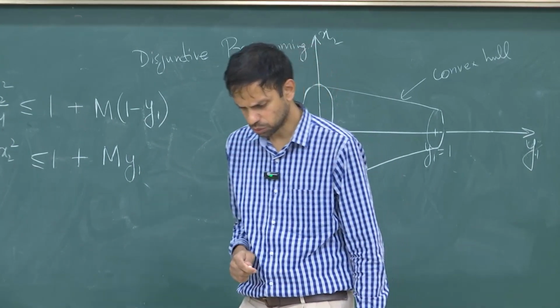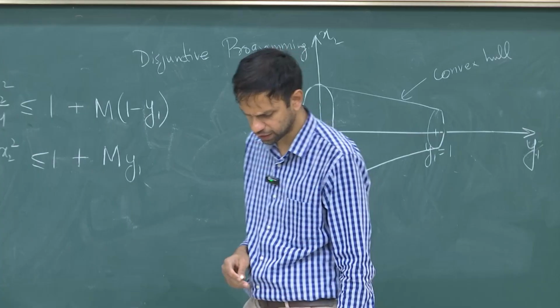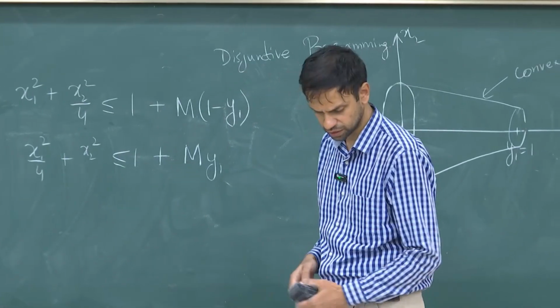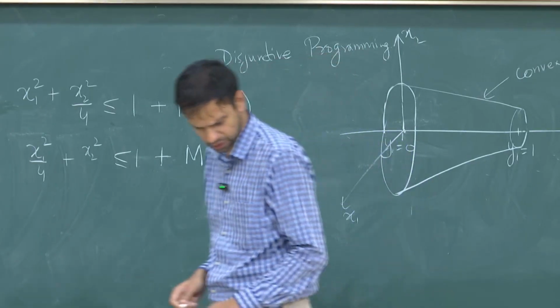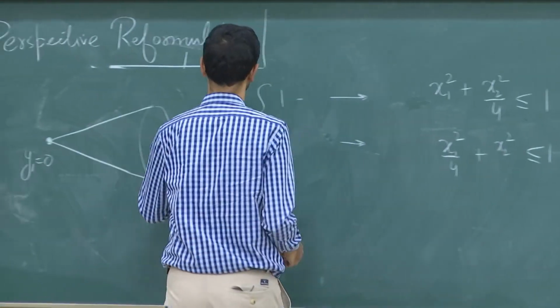Let me start with a numerical example so that we can understand it better. The simple object that I will take is not really an ellipse, but an even simpler thing, a parabola.